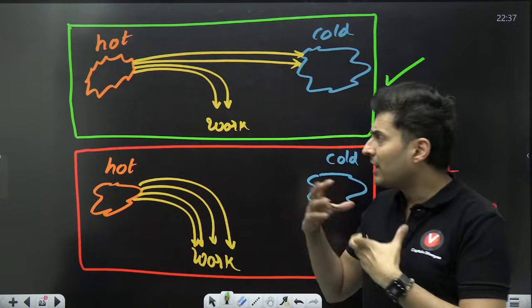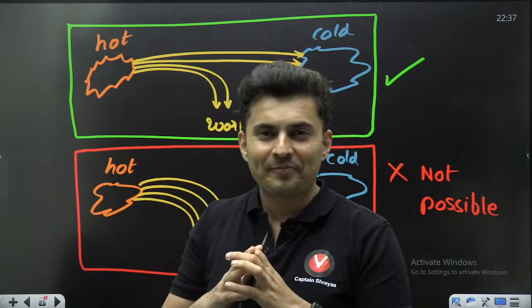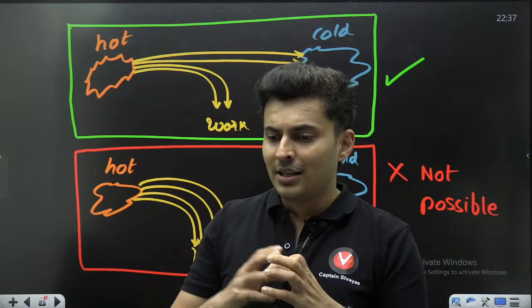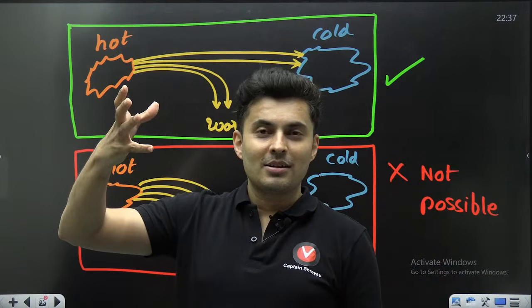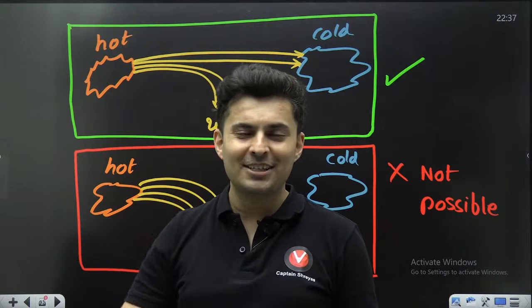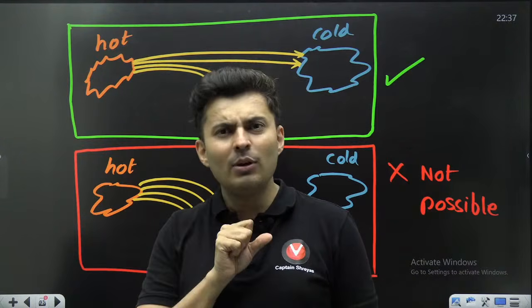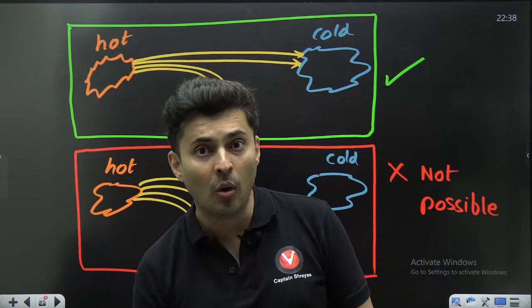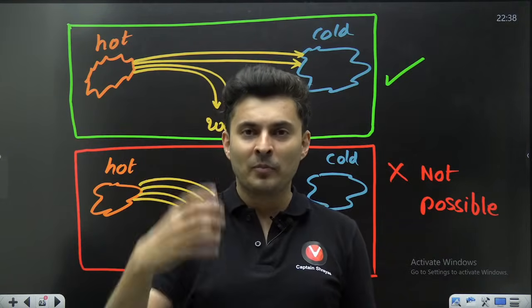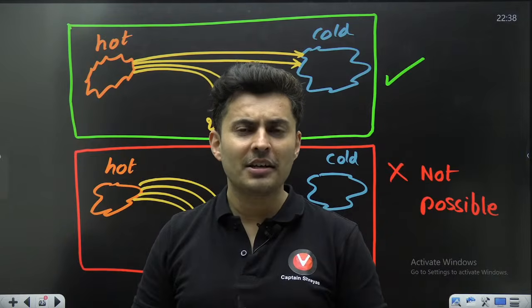It tells and explains many phenomena like, see, imagine I take a ball, okay, and I release it. It falls down. What happens? Potential energy gets converted into kinetic energy. Mechanical energy is conserved. But have you ever seen magically a ball which is below, suddenly it comes on the top, and the kinetic energy gets converted into potential?